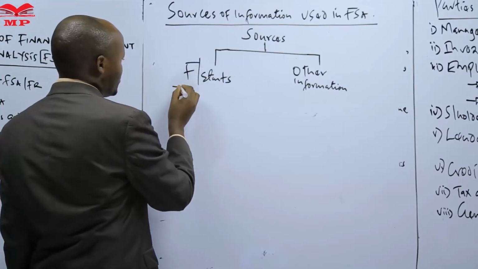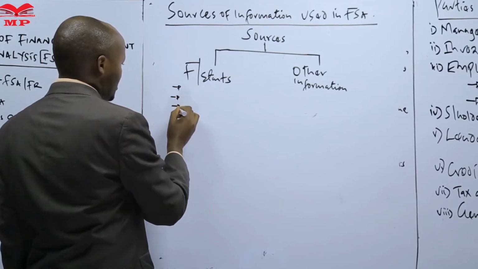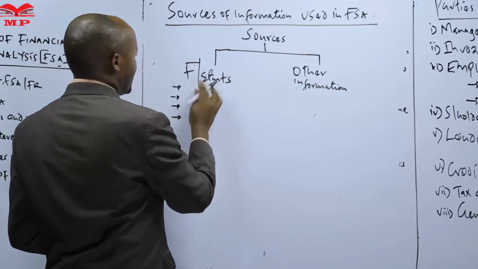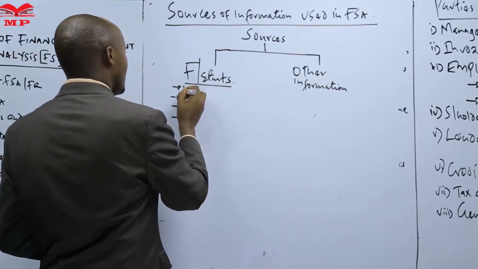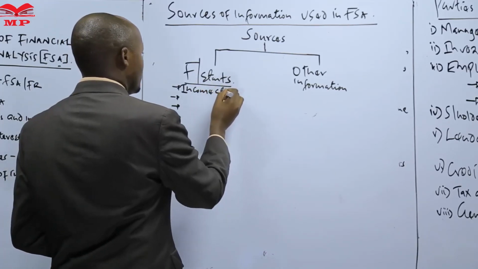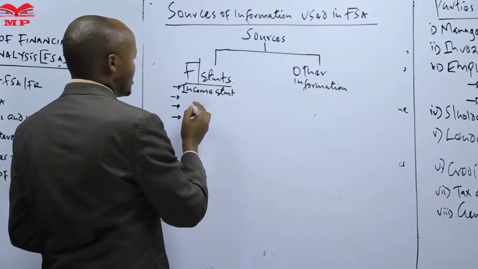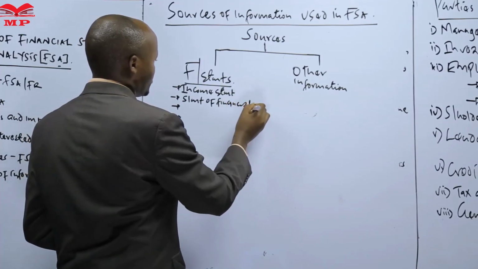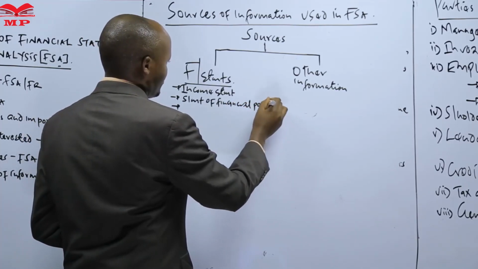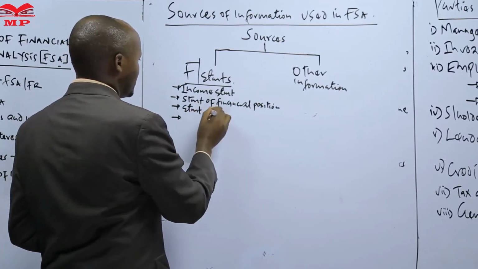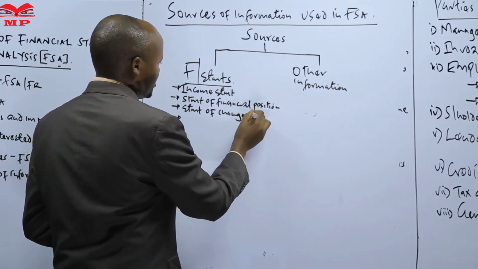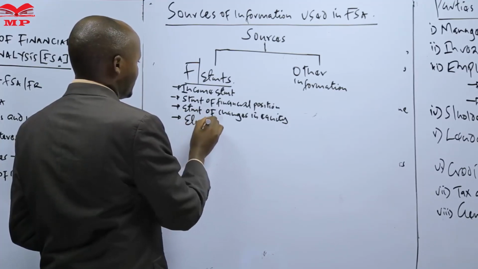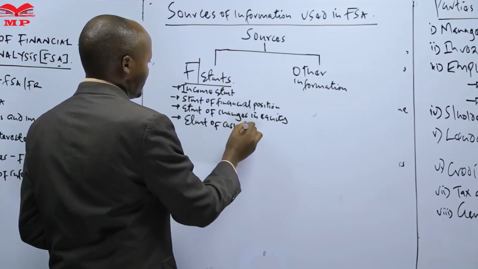If at all you can remember in CIFA section 1, you looked at the various components of the financial statement prepared by a business or a company at the end of the year, which include: one, the income statement; two, the statement of financial position; number three, the statement of changes in equity; and number four, the statement of cash flows.